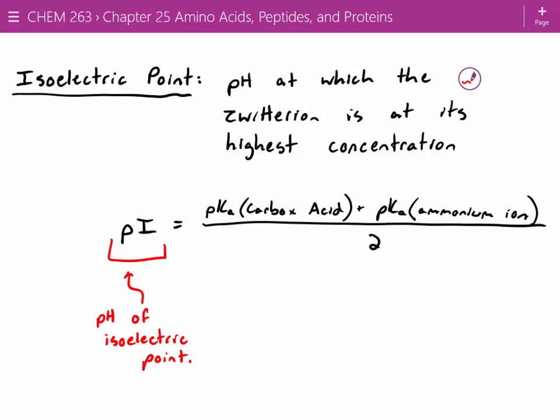The cool thing with this is you can actually separate out amino acids by adjusting pH. What you can do is change your pH, make sure that one of them is zwitterionic, and the other ones will be mostly positive or mostly negative. And then what could you maybe do to separate them if you can change the charge of various molecules?